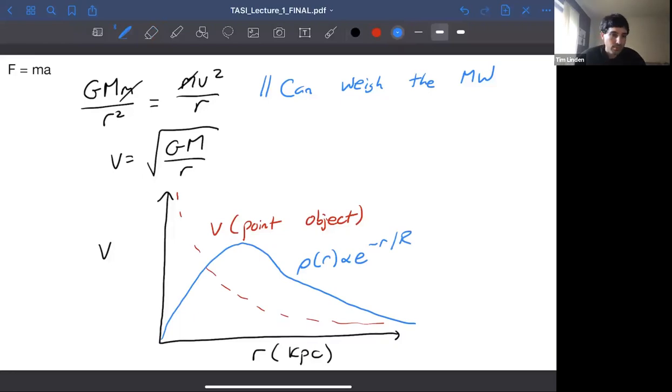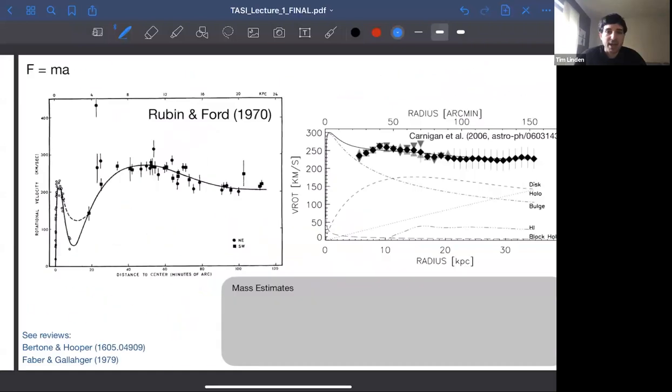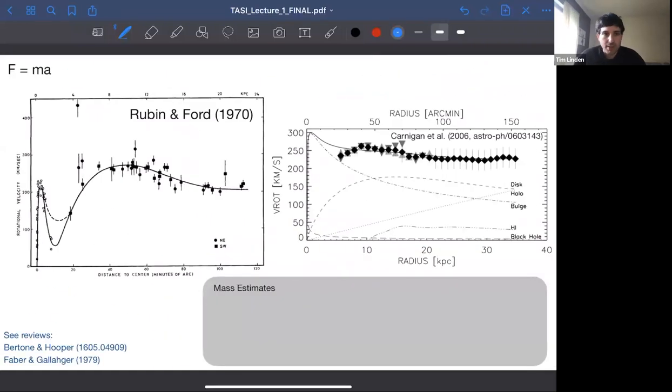So that's what we expect, and astronomers like to look at stars, so they go out at night and they do that, and they see how fast our star is moving, and they look at a different galaxy. It's actually very hard to look at the Milky Way and calculate this because we're inside the Milky Way.